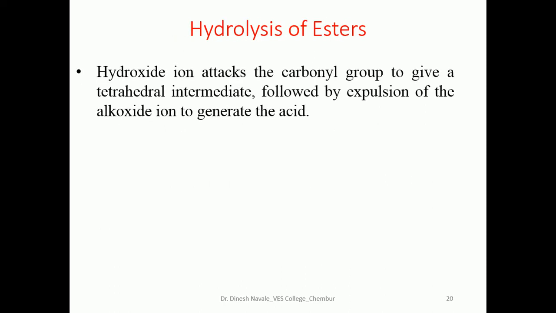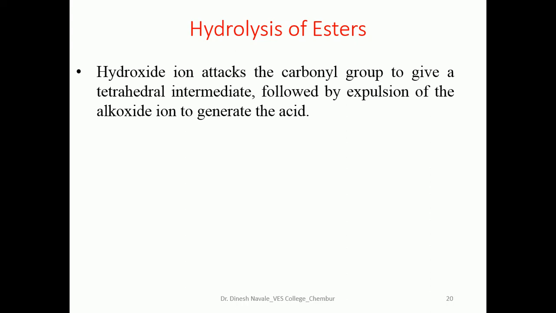So the hydroxide ion attacks the carbonyl group to give a tetrahedral intermediate, followed by the expulsion of the alkoxide ion to generate the acid. As we discussed previously in this video, whenever any nucleophile attacks the carbonyl carbon, a leaving group is expelled from the carbonyl system.